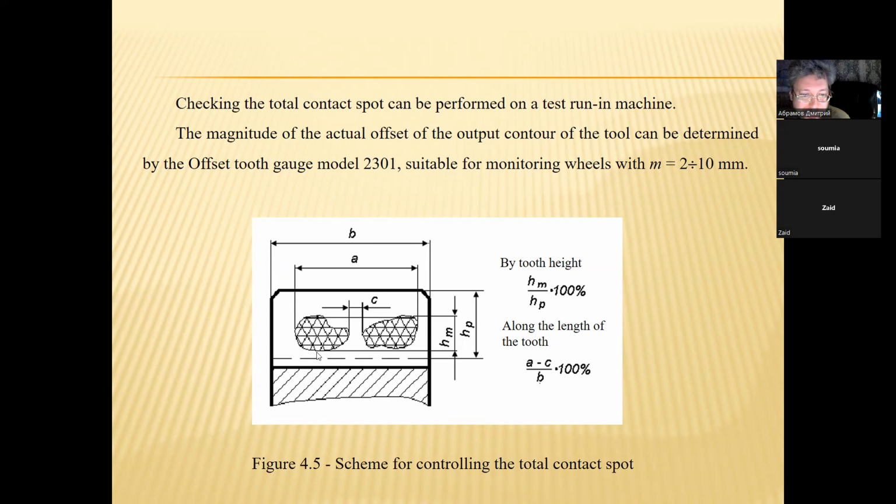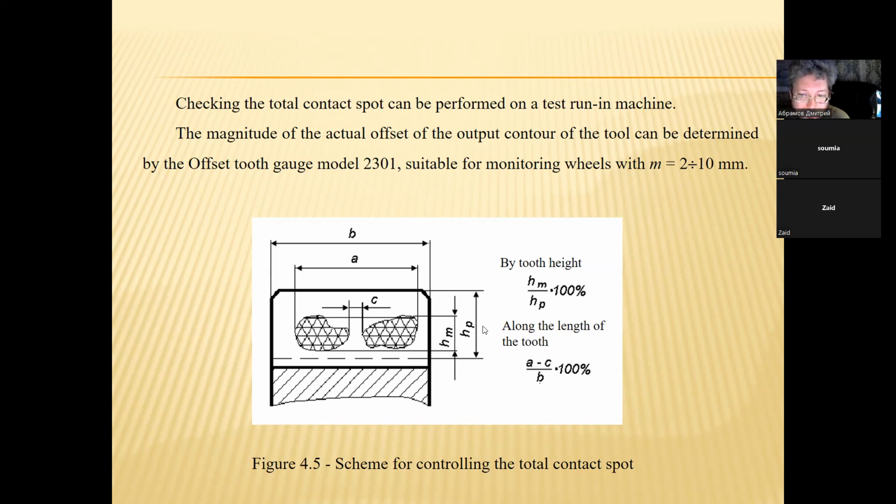By tooth height, HM under the line and HP, multiplied by 100%, gives the parameter by tooth height.